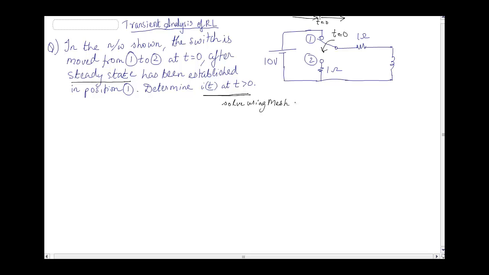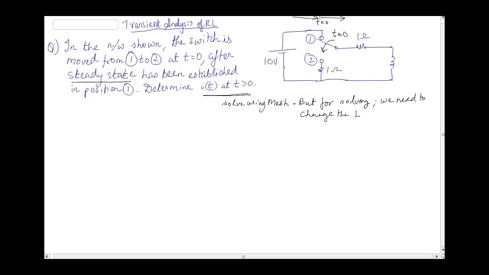But for solving the circuit, we need to change the L component.